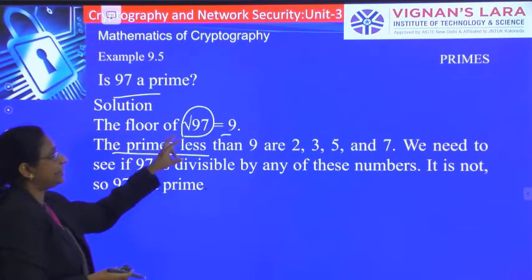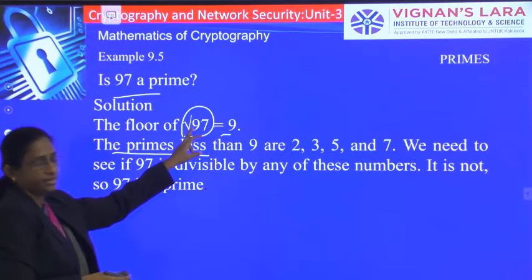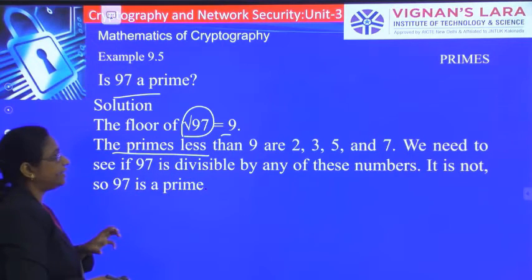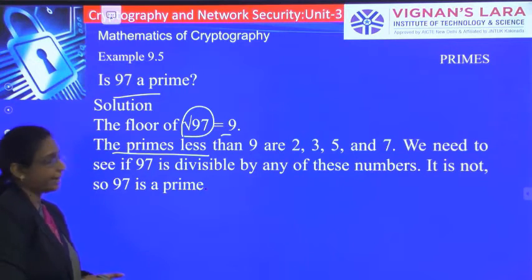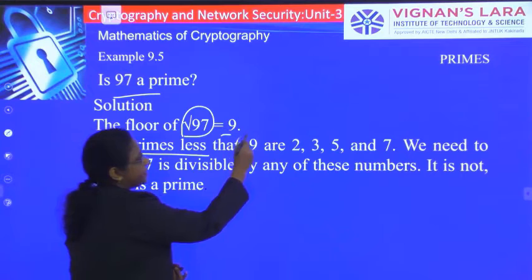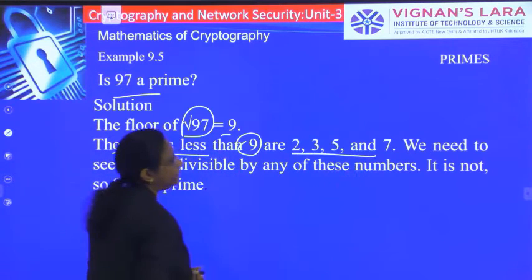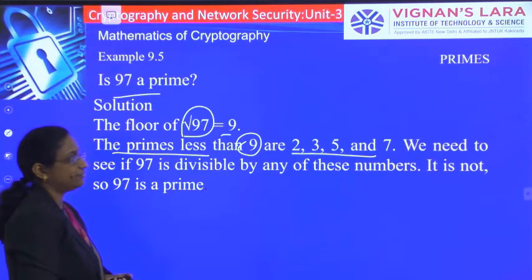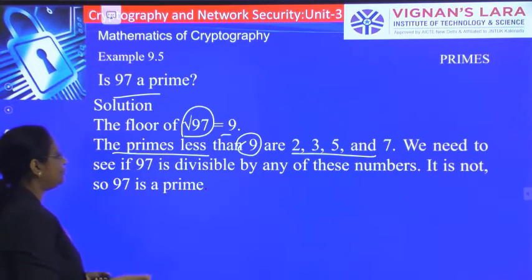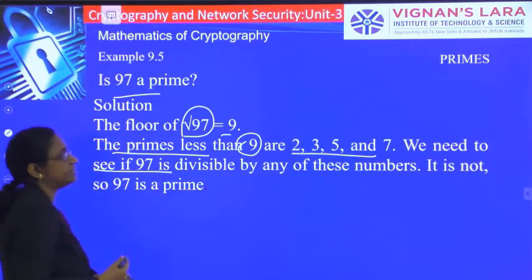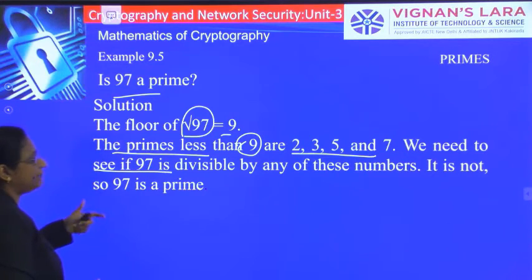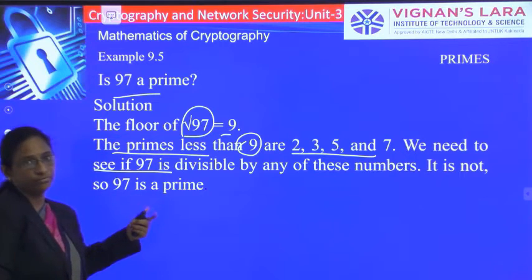After calculating the square root of 97 and taking the floor, 9, you find all the prime numbers less than 9, which are 2, 3, 5 and 7. Now we need to see if 97 is divisible by any of these numbers.